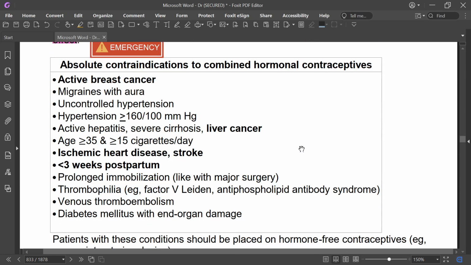What are the absolute contraindications? This is an emergency box. You have to know that in active advanced breast cancer, you should not give OCPs.